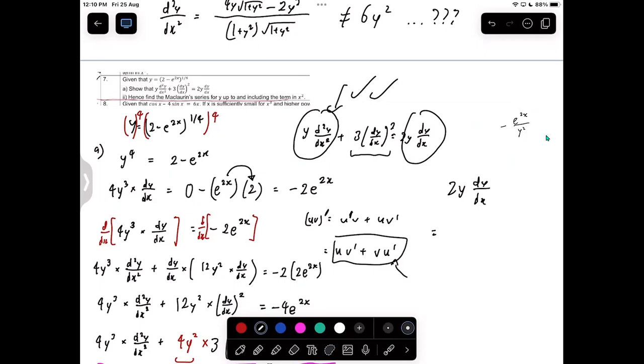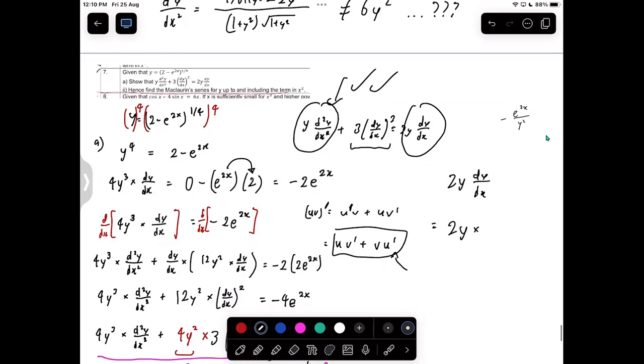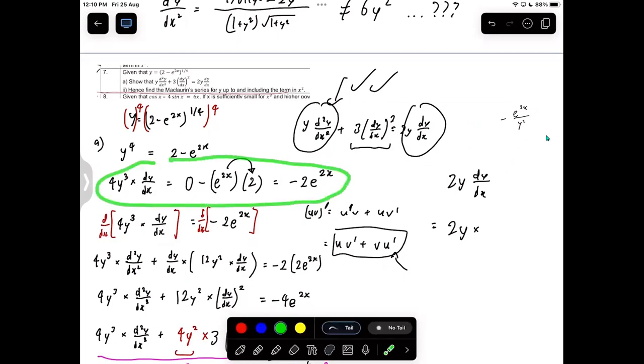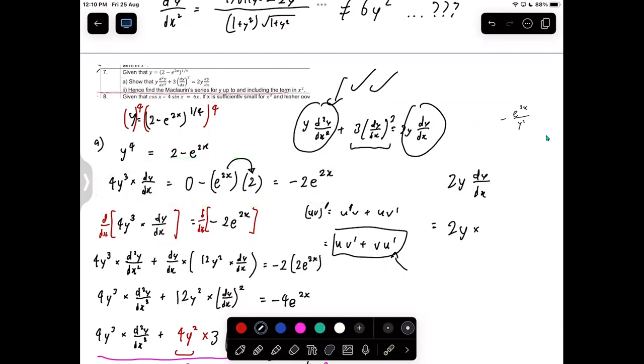We already know what dy by dx is, right? Where can I find the expression for dy dx? Over here, right? 4y cubed times dy by dx equals negative 2e power 2x. So I can make dy dx the subject: dy by dx equals minus 2e power 2x divided by 4y cubed.